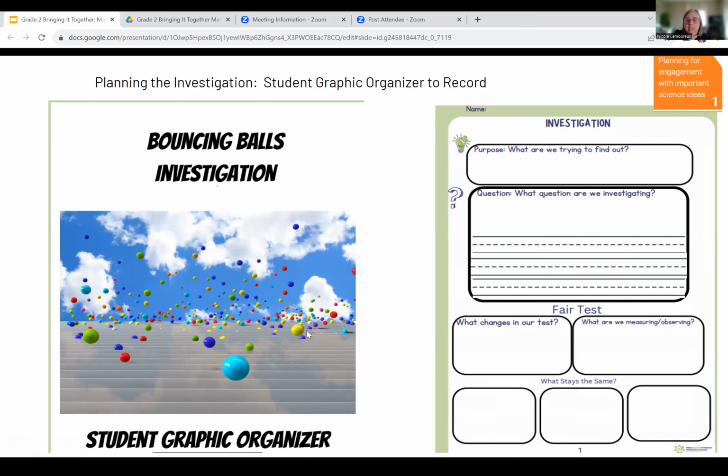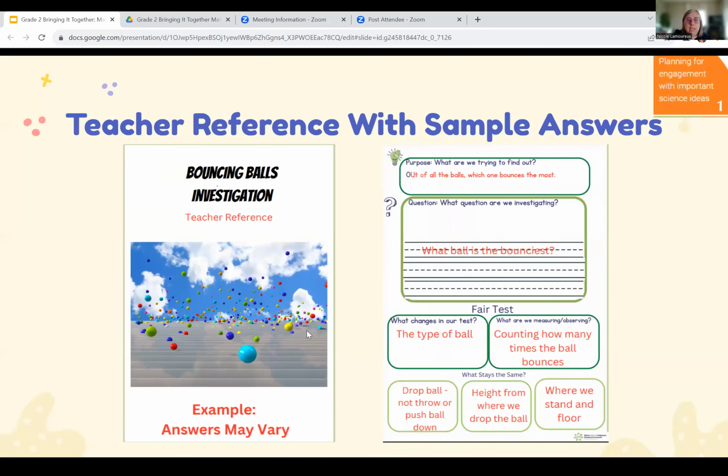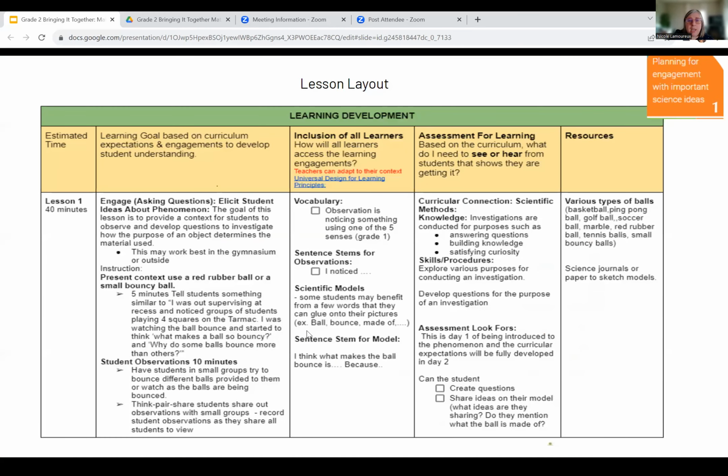So you'll get something that looks like this, which we'll walk through. And then the teacher reference is the example of what you may hear. Of course, examples are going to vary because these need to come from your students. And then the lesson layout format is basically your learning goal with the procedures, informally here.